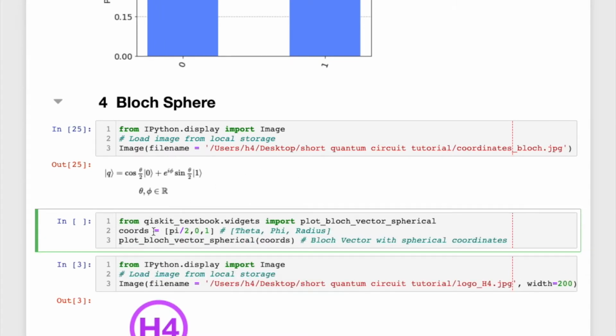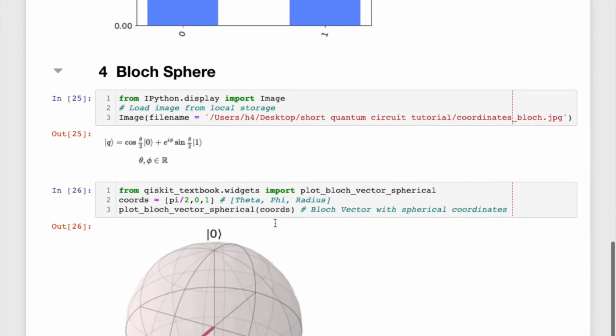If we have the coordinates pi divided by 2, 0 and 1, which is theta, phi, and the radius, just as in the formula, then you get something like this.